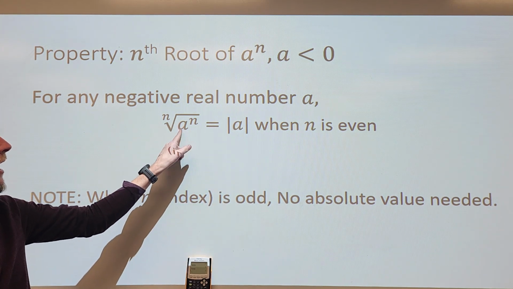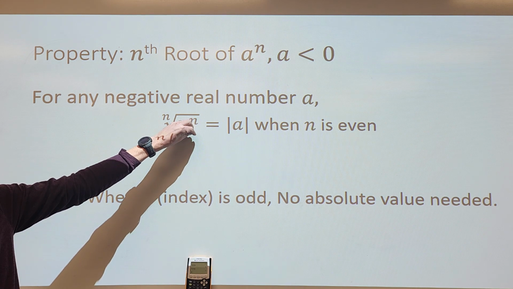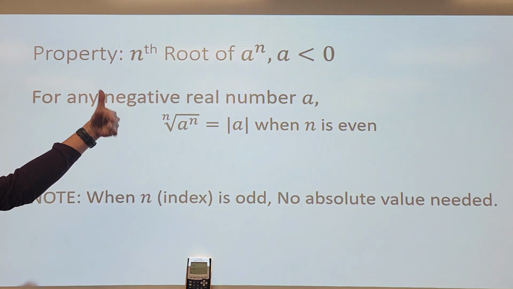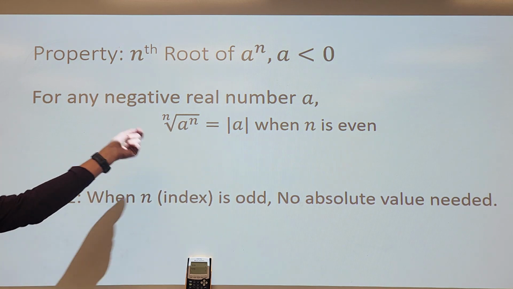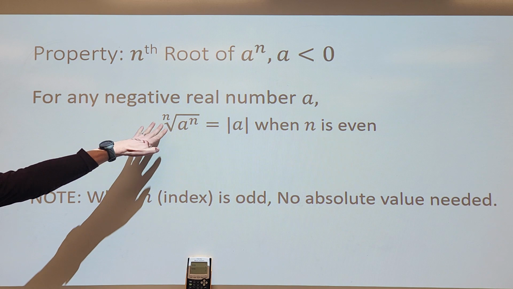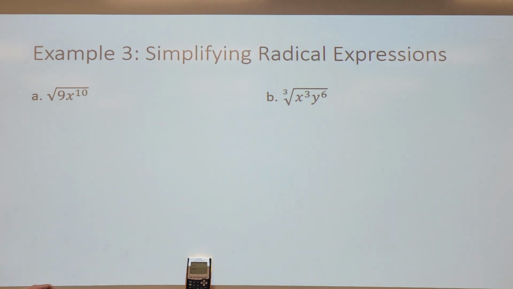We can't take an nth root and have the output be negative. So we want to make sure that we are attentive to the fact that that must be positive. And so if that variable happens to be negative, we will always take its absolute value. If it's an odd index and an odd power, then it doesn't actually matter. So don't worry on that.